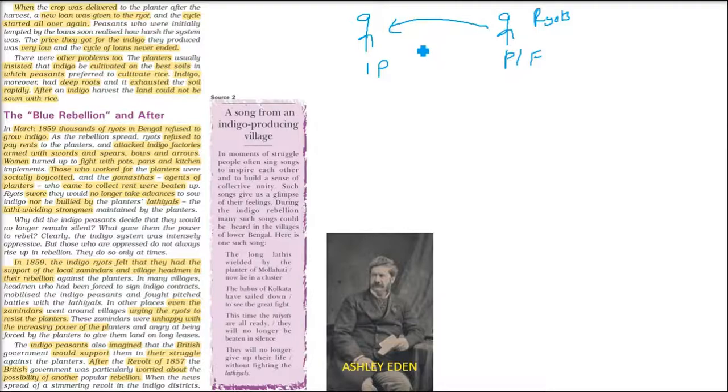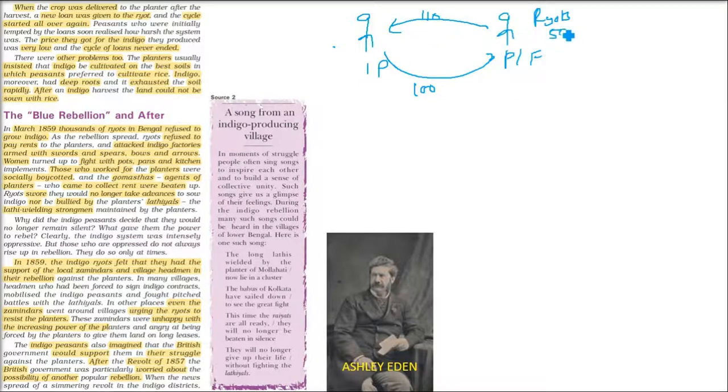Now when the indigo planters get this harvested content, they will again give advances. First of all, the peasant has to return 110, which he has already taken, and now he is eligible for the next round of loan.